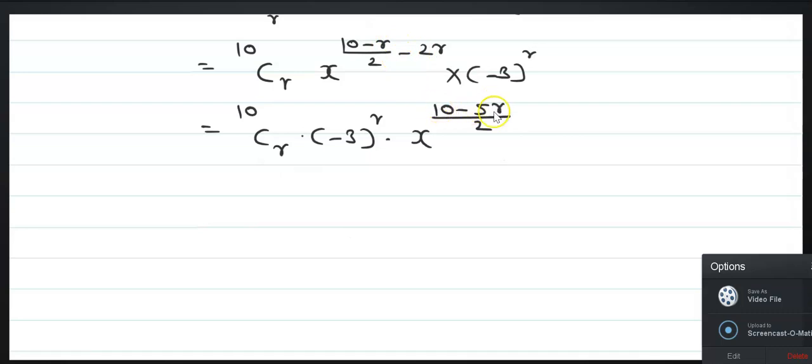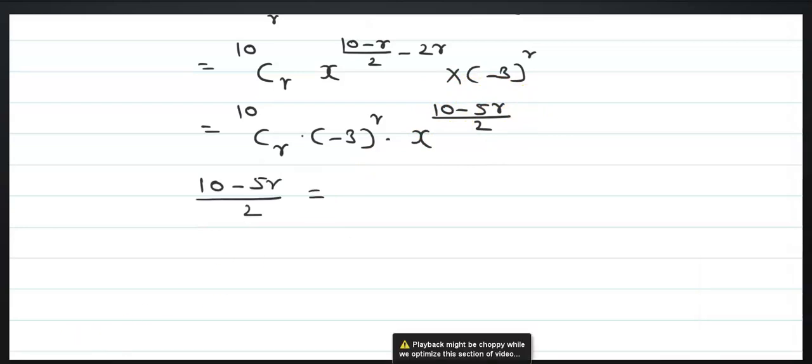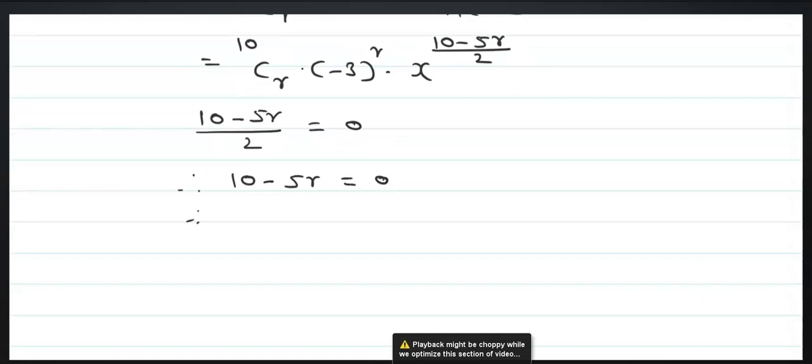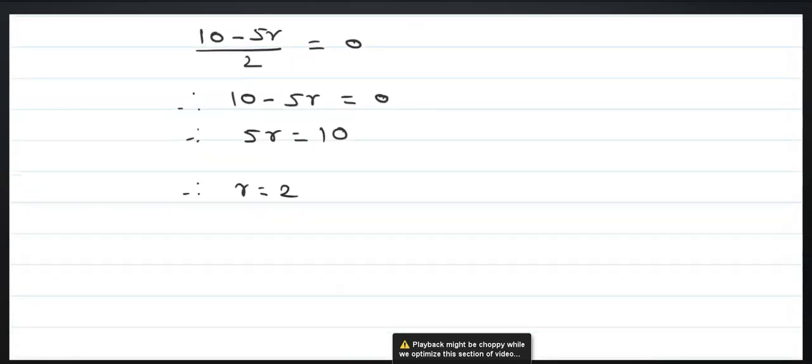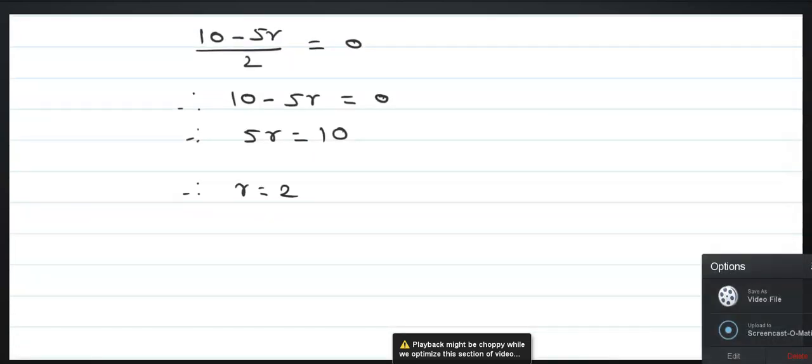Therefore 10 minus 5r upon 2 is the power of x, minus 3 raised to r. Now here we require the power to be equal to 0 and we will find the value of r. Therefore 10 minus 5r upon 2 is equal to 0. 10 minus 5r is equal to 0. 5r is equal to 10. Therefore r is equal to 2.